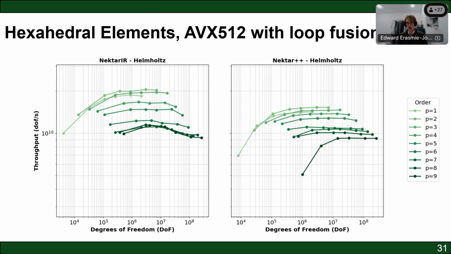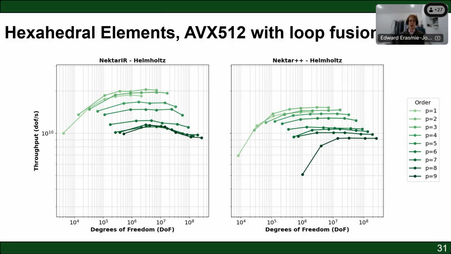So if you call loop fusion, which is basically just adding one more pass to your compiler pipeline, we're able to increase our performance quite a bit and outperform the corresponding Nektar kernel across the board.